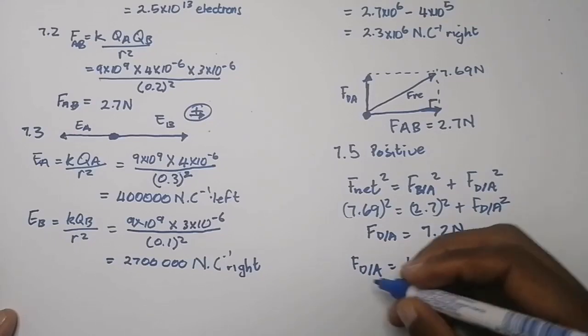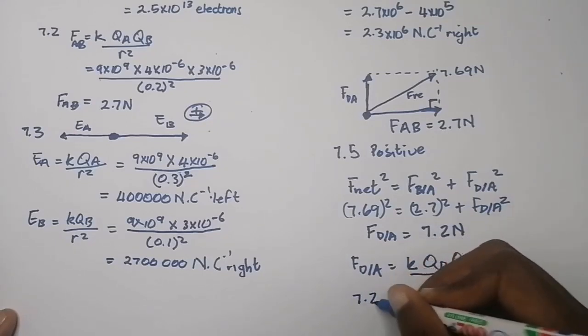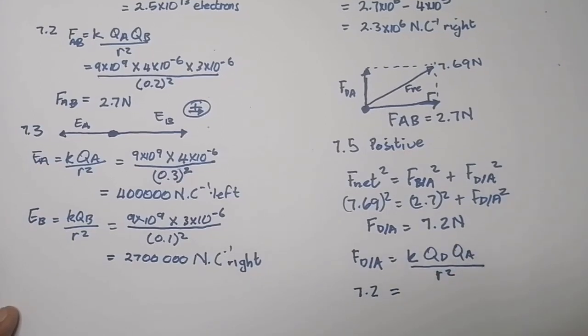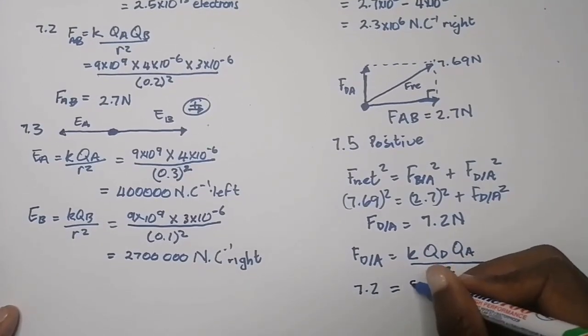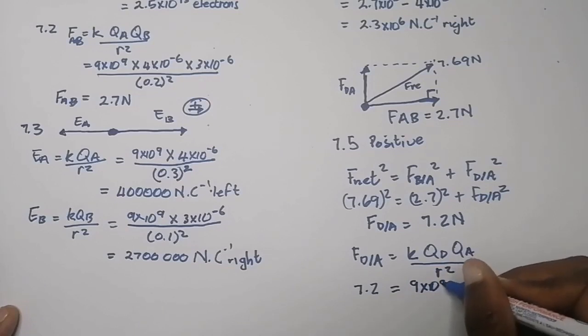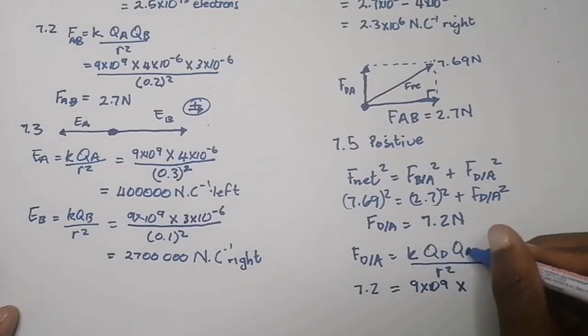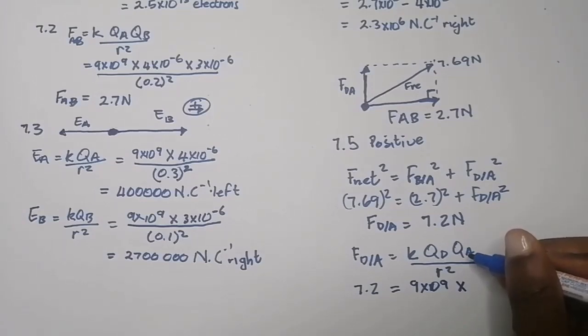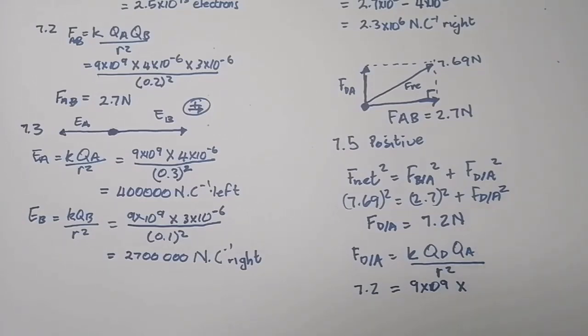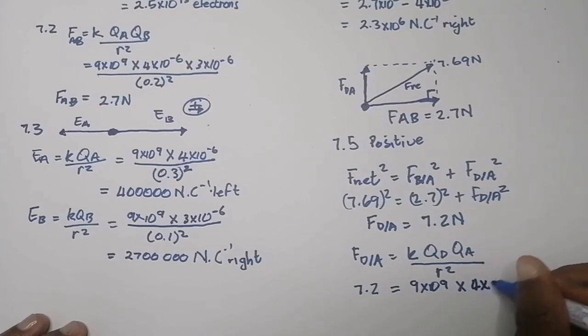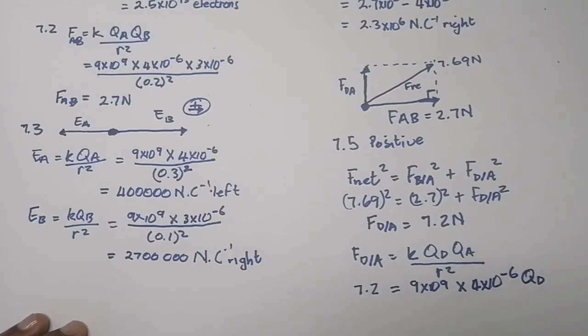Now I've got the force, that's 7.2, and of course this is 9 times 10 to the power 9 multiplied by the charge on D, which I'm looking for. In fact, let's use the charge on A. Remember, the charge on A was 4 times 10 to the minus 6, and then the charge of D, that's what we're looking for.